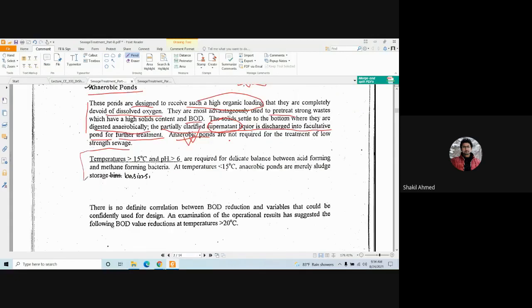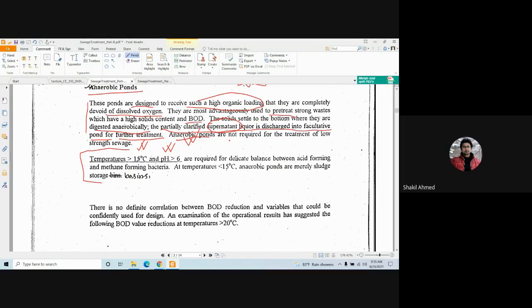Okay, so suitable condition for anaerobic pond is temperature has to be greater than 15 degrees Celsius, pH has to be greater than 6, because these are microorganisms, the bacteria and algae, and they have a certain comfortable range of temperature and pH, like we human beings have, right? Human beings have a suitable temperature range.